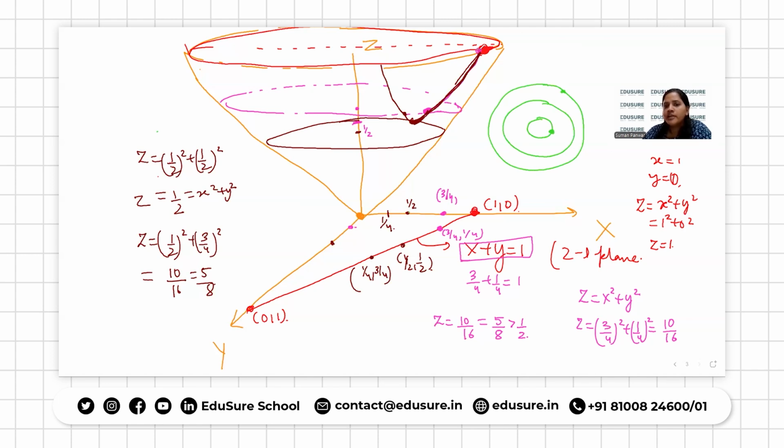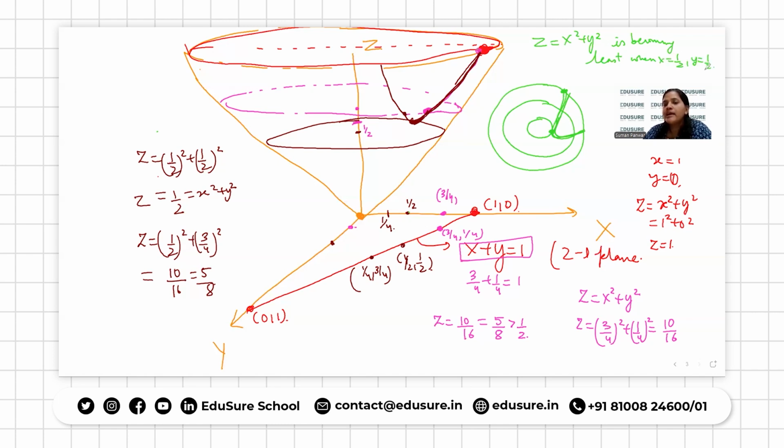The curve was crossing level curves like this, level curves like this. And then it is actually taking a turn back. Okay. So you note that the value of z equals x squared plus y squared is becoming least when x equals half, y equals half.